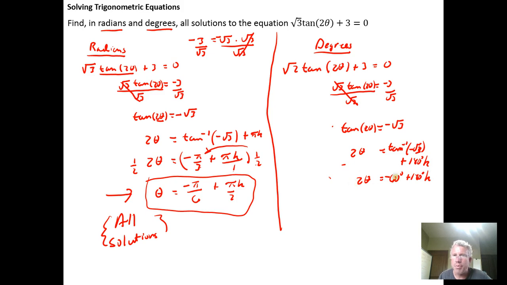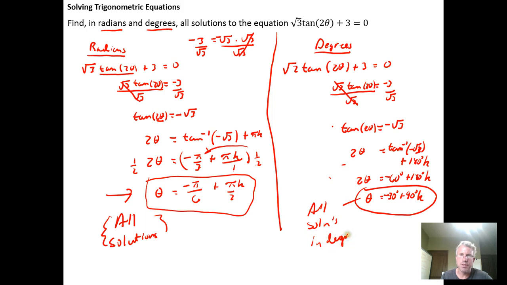Then we would divide both sides by 2, or multiply both sides by half, which would give us theta equals negative 60 divided by 2 is negative 30 degrees plus 180 divided by 2 is 90 degrees times k, and this would be all solutions in degrees. And over here it's all solutions in radians.